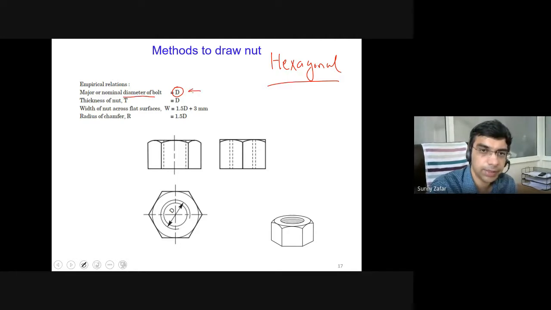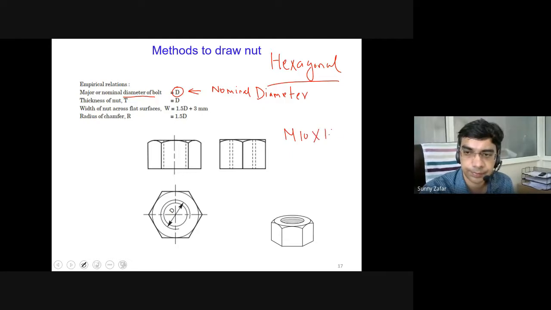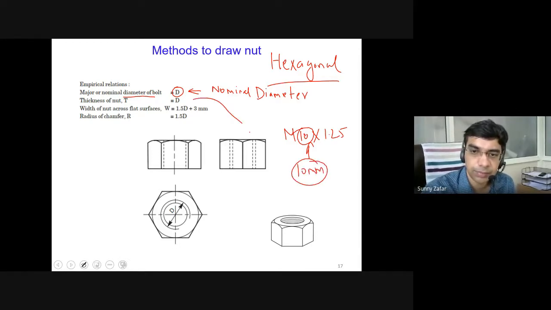And please note, this is the nominal diameter, the same diameter which is present in this notation. So this 10 means that the diameter becomes 10 millimeter.